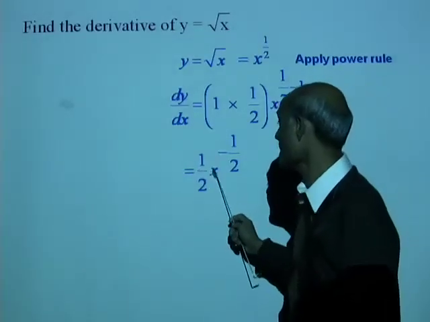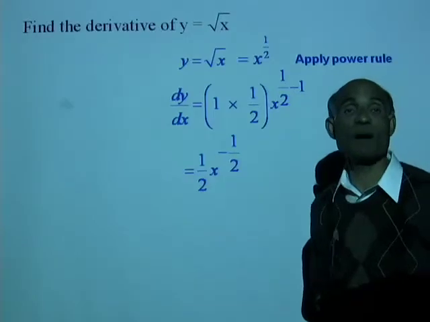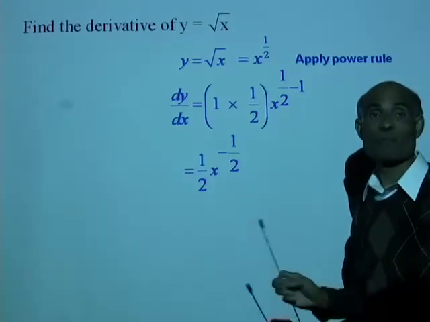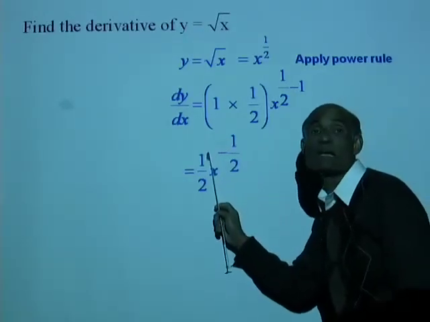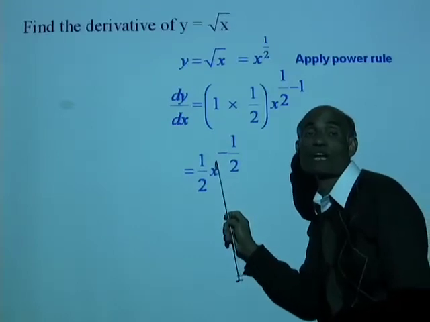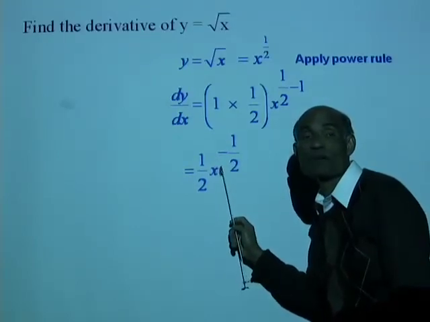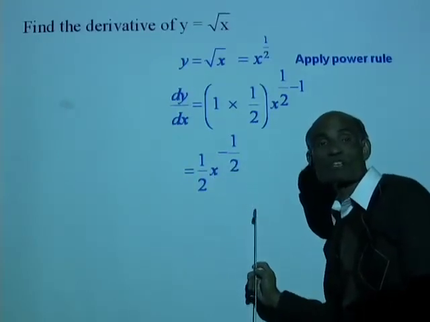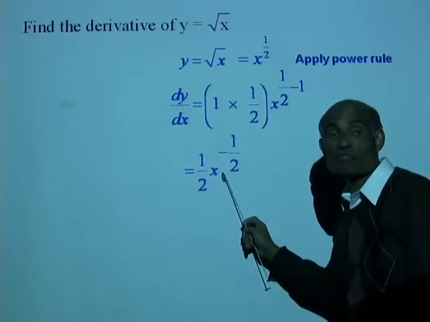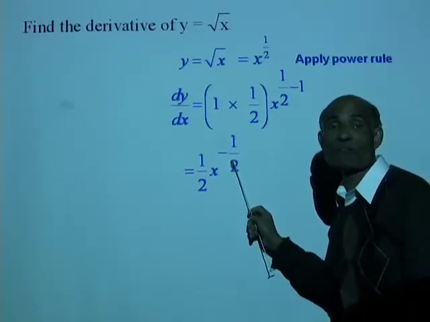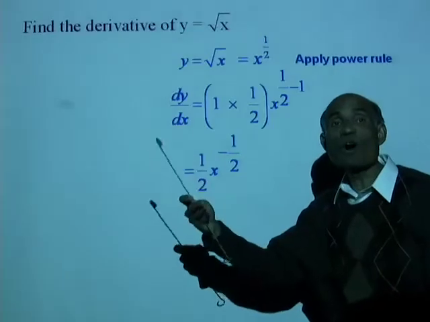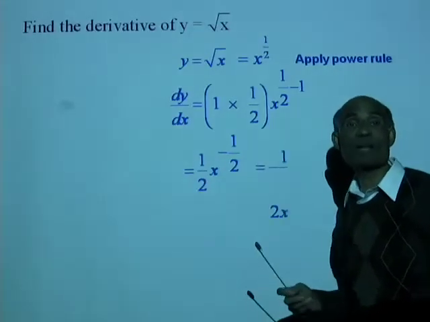So that will be 1/2 times x to the power of negative 1/2. And remember, a negative power can be made positive by taking the quantity to the denominator. So x to the power of negative 1/2 is the same as 1 over x to the power of 1/2.